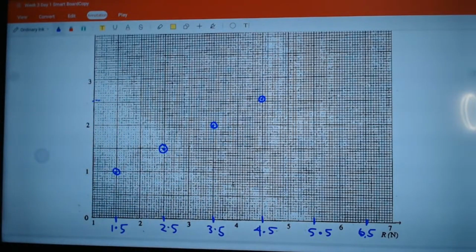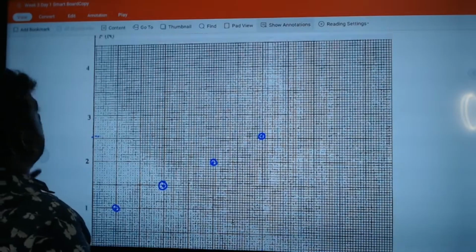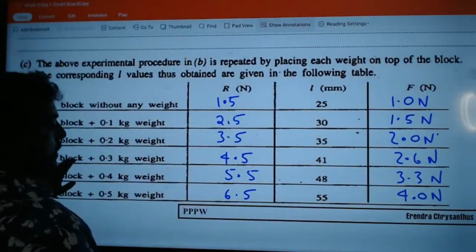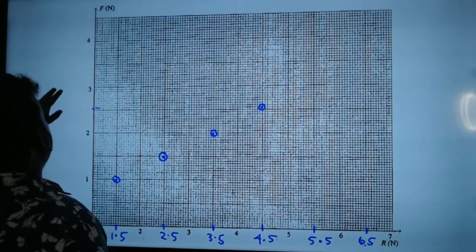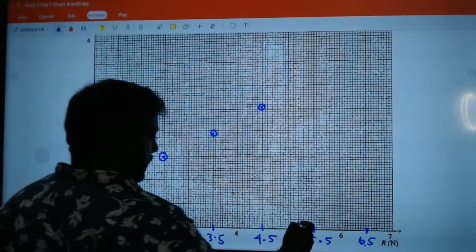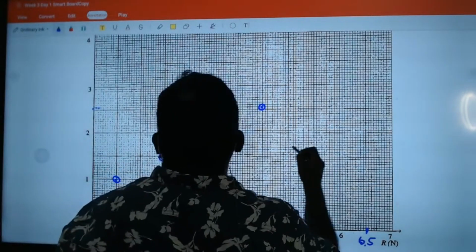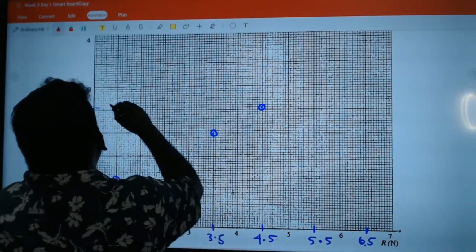Right. Next one. 5.5, 3.3. Let's find 3.3 first.